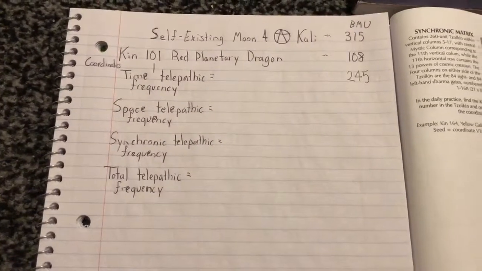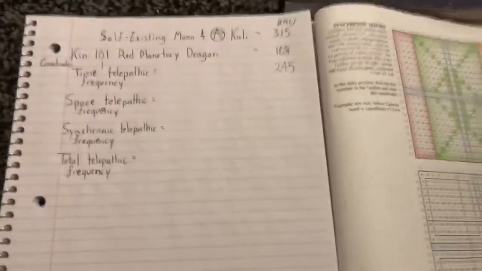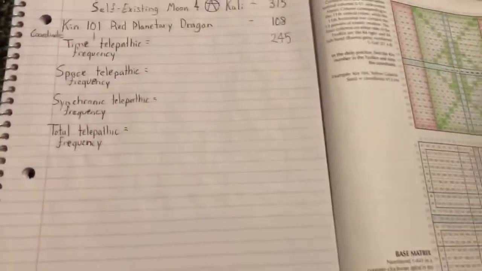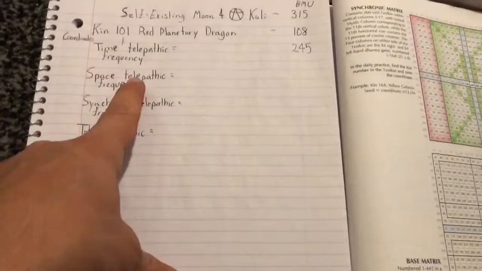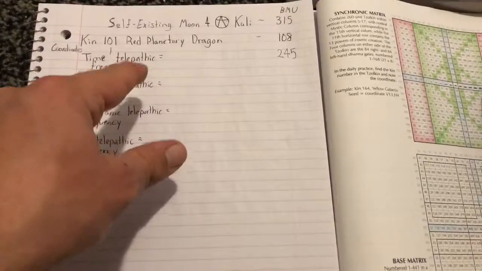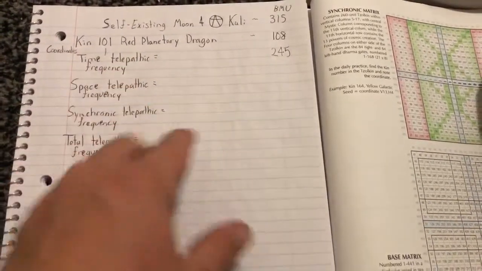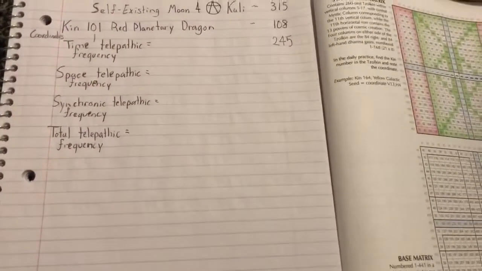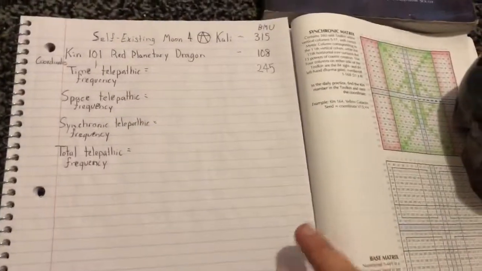So then you can do it in whatever order you want. We could calculate the frequency of it, or we could just note the other BMUs, whatever order we want. I guess I'm going to calculate that one right now. So this is the base matrix unit, the number to activate it.